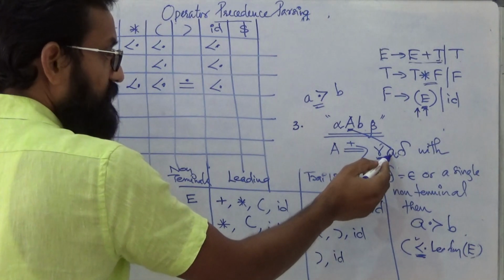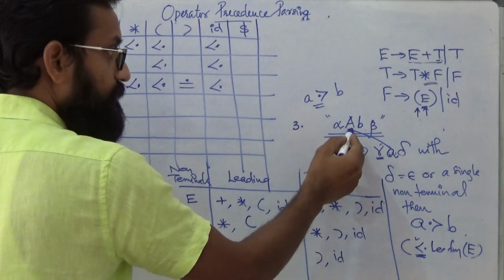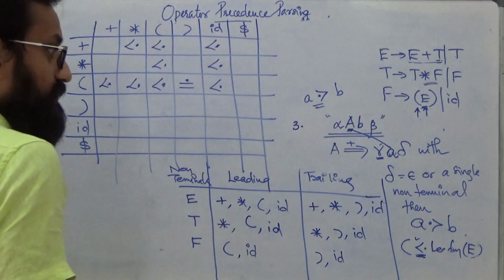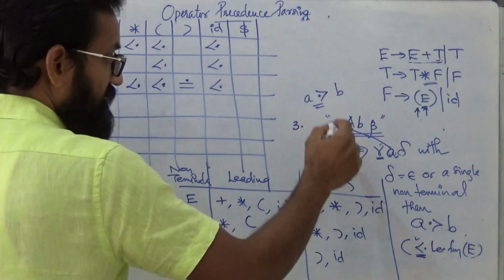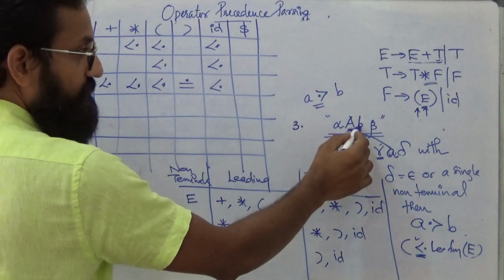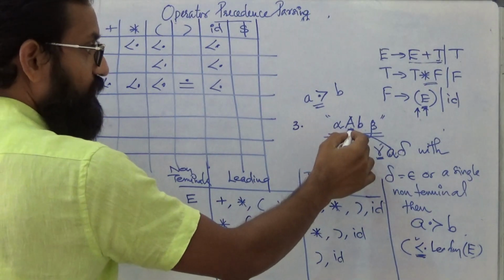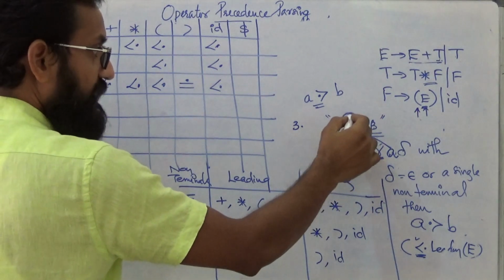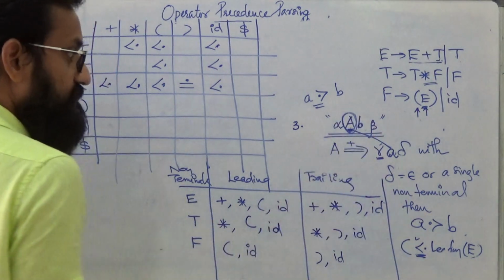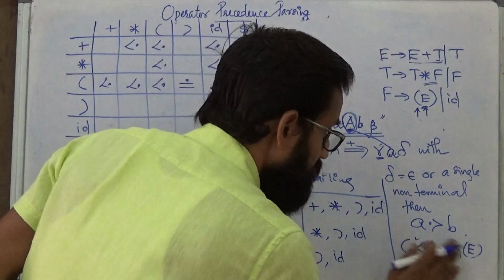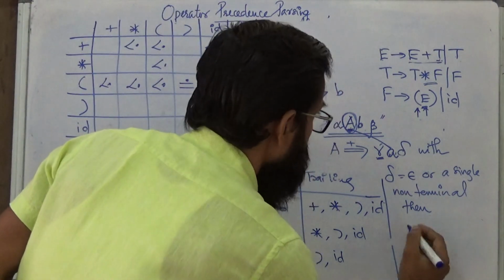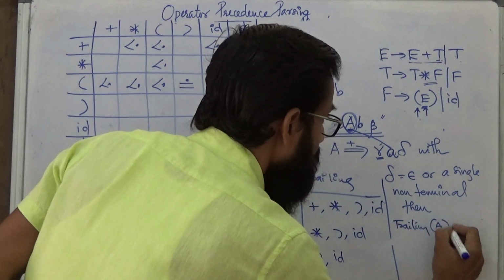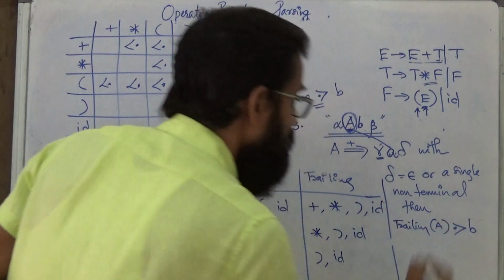This A is actually an element that belongs to trailing of A. So assume that you are having a production alpha A B beta, then everything in trailing of A will have greater precedence as compared to B.